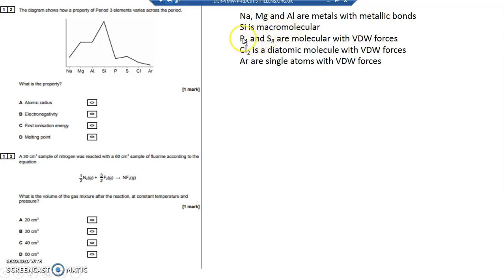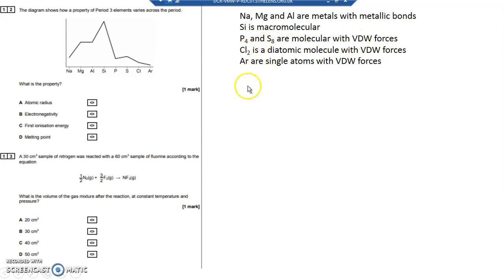So single molecules, 4 phosphorus atoms in a molecule, 8 S atoms in a molecule, and the slight increase there to S is because there are more atoms in S8 than in P4, and so more electrons, and so more van der Waals force in S8 than P4.